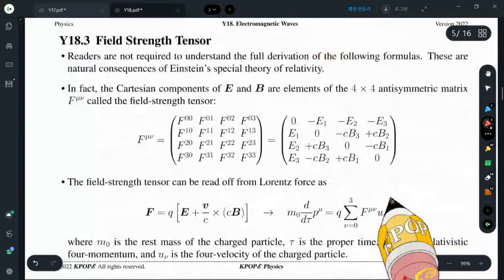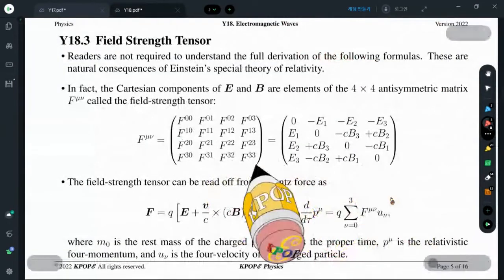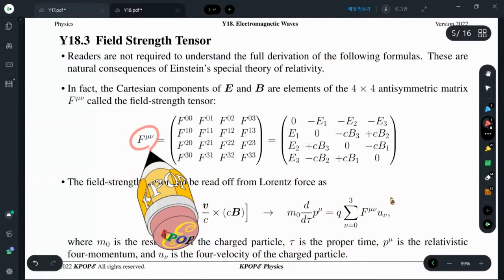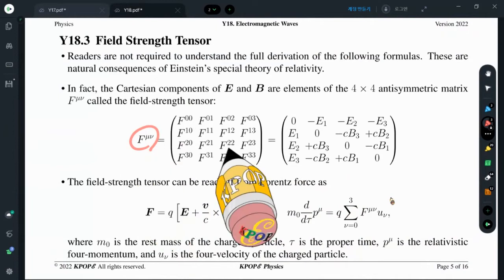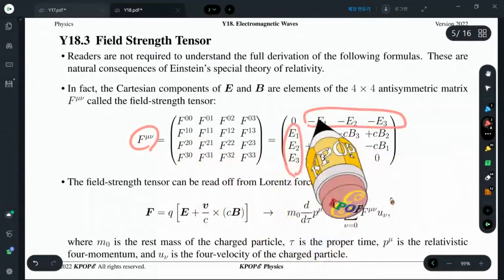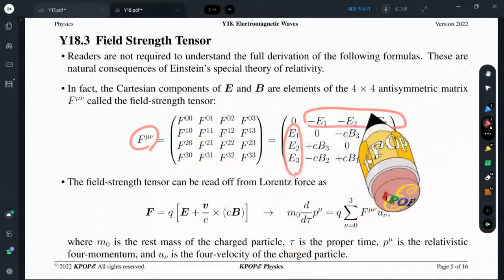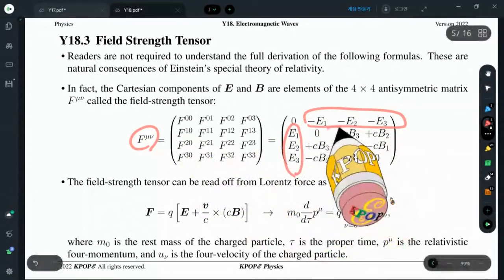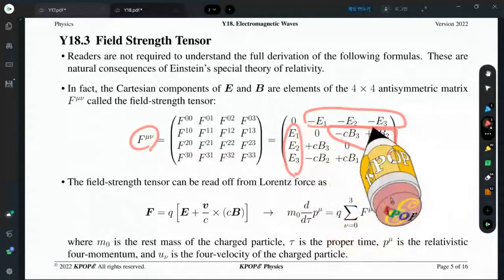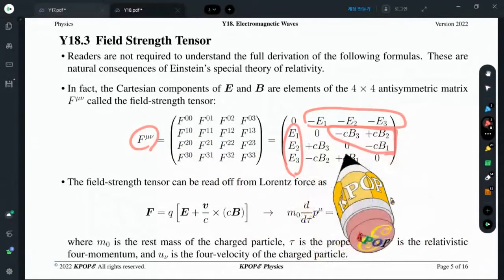You don't have to remember everything in here, but this is called the field strength tensor, defined in four-dimensional Minkowski space, and these components are anti-symmetric if we exchange the row and column. These three are magnetic fields, and if you exchange the row and column, you flip the sign.